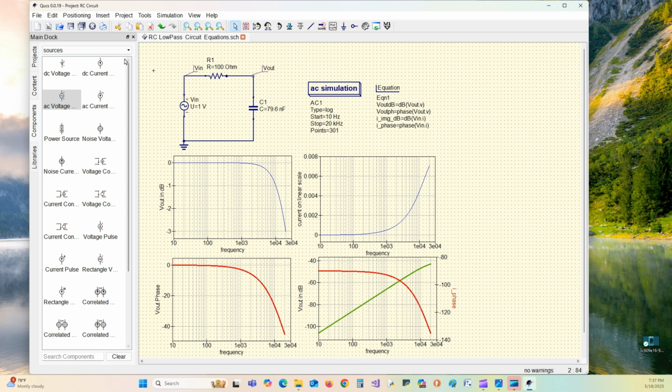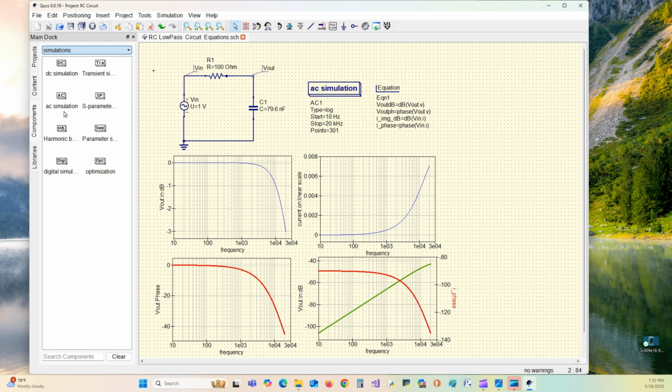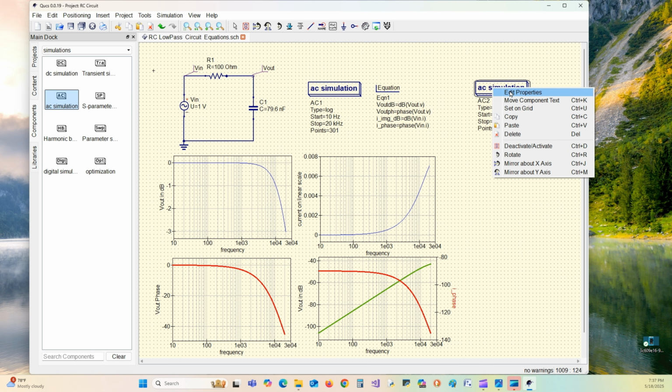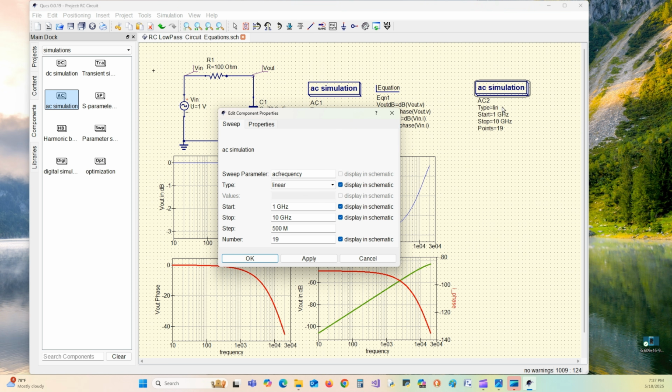So we need to do a simulation. So we go down to the simulations. We're going to do an AC simulation. We bring that over to here. We right click on the AC simulation, edit the properties by left clicking on that. And then we set this up to be a logarithmic, and from 10 hertz, just make this a 10.